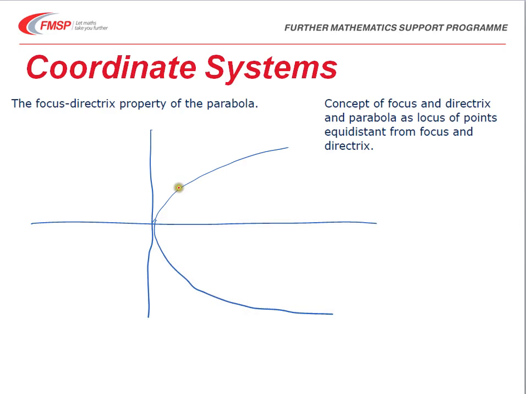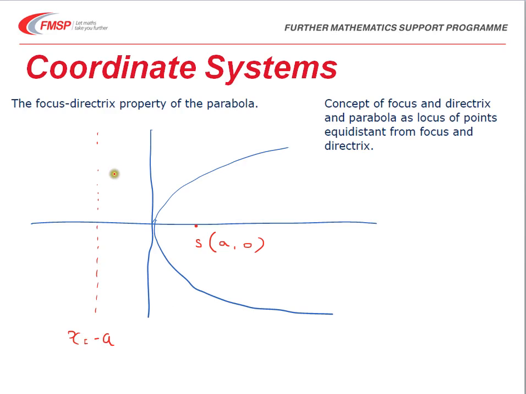The focus, which for the standard parabola we normally call S, has coordinates (a, 0), and the directrix is a line at x equal to negative a.